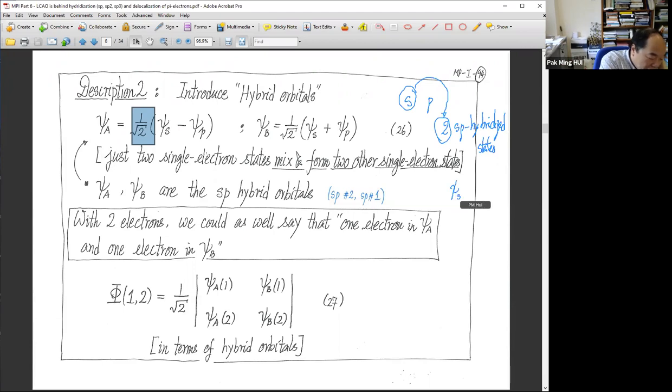So therefore, in each of these linear combinations, I know that at the end, there will be 50% character of S in each sp hybridized state, okay?